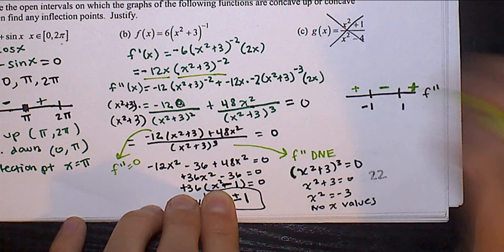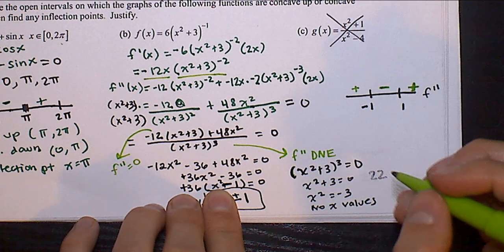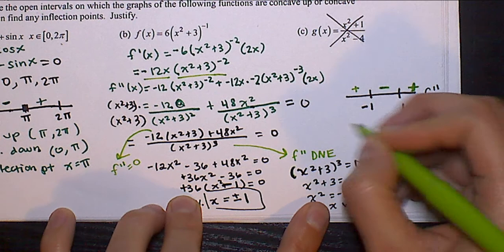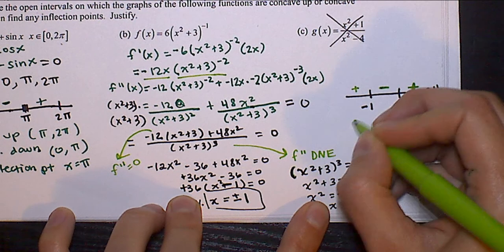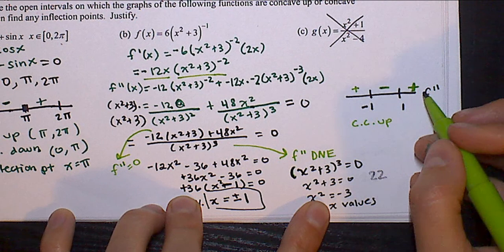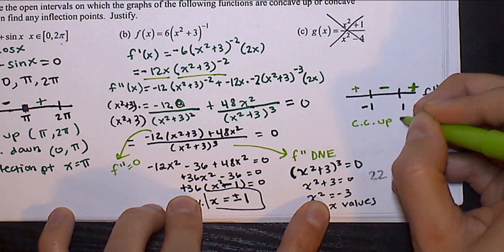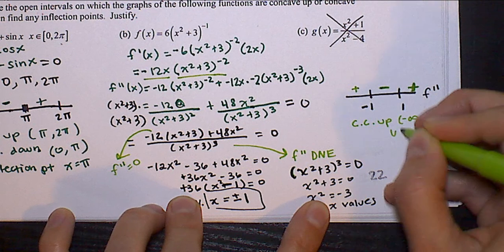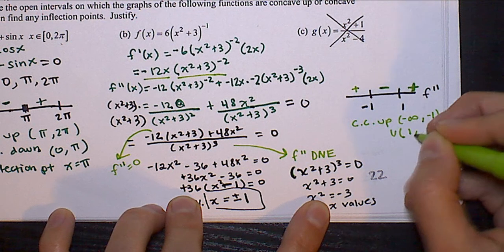Okay, so here's my chart for concavity. Again, this is the nice easy part. This is going to be concave up on these two intervals: from negative infinity to negative 1, in union with 1 to infinity.